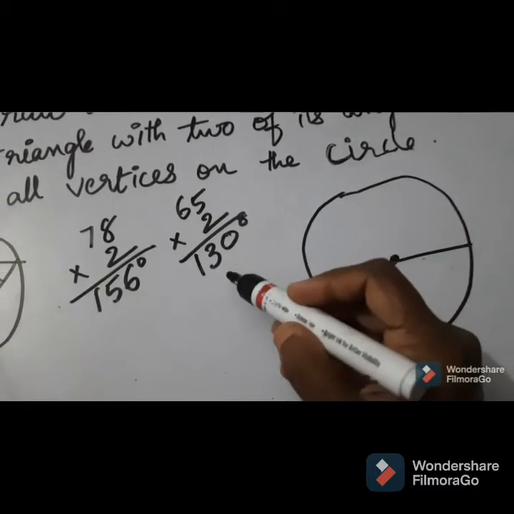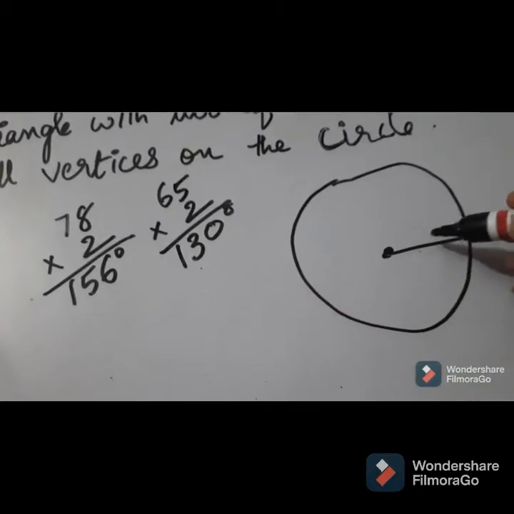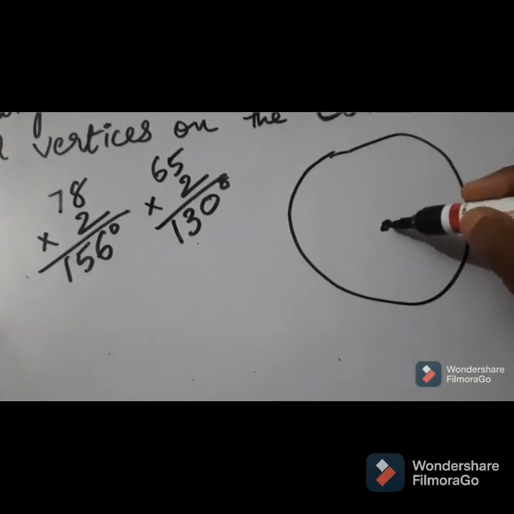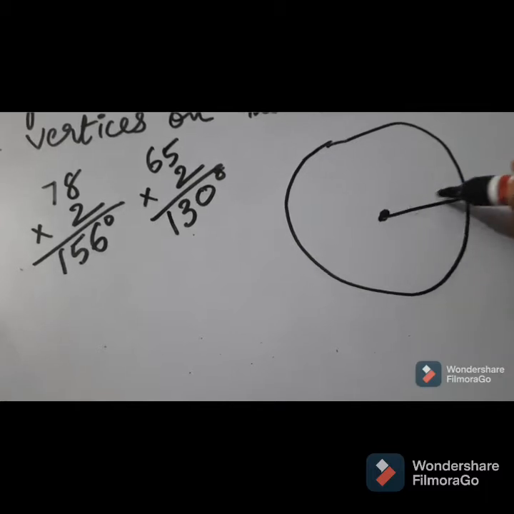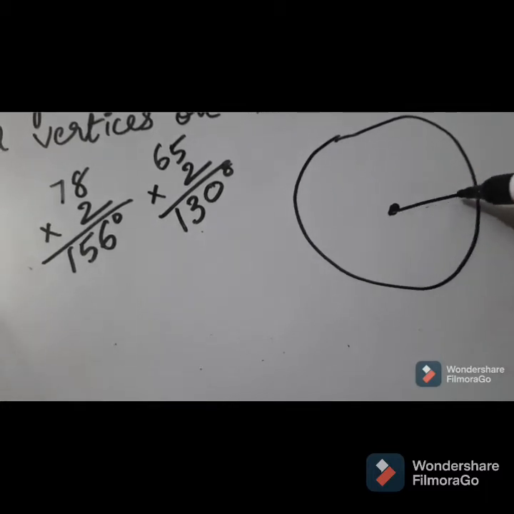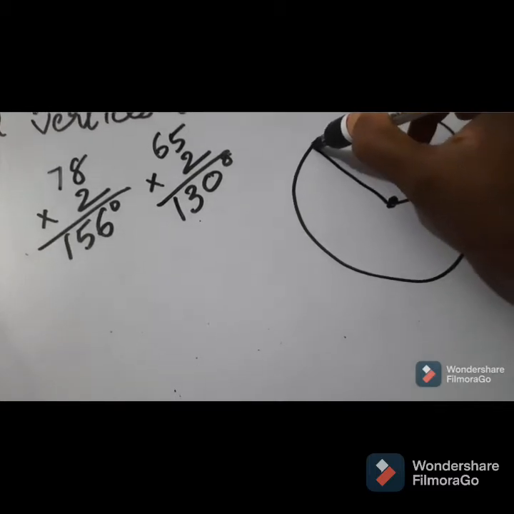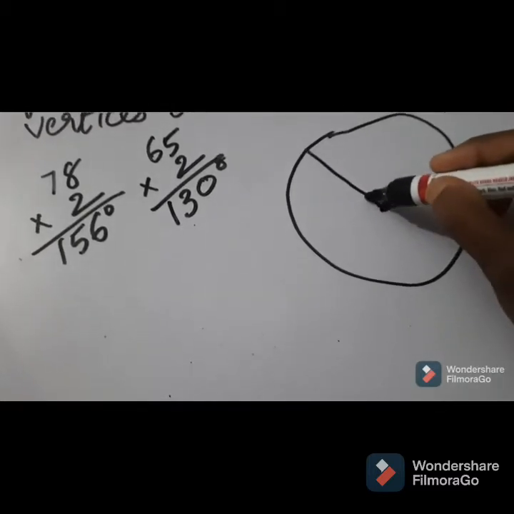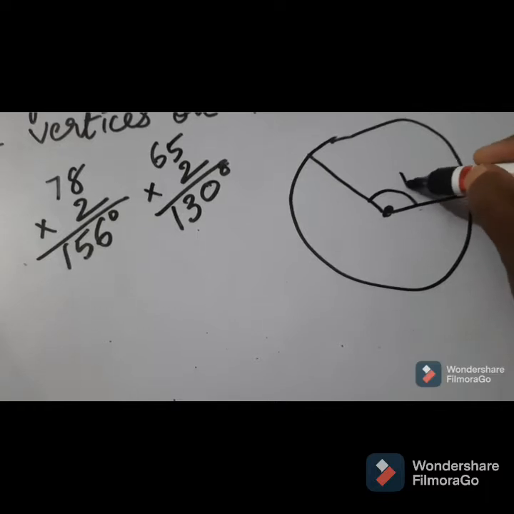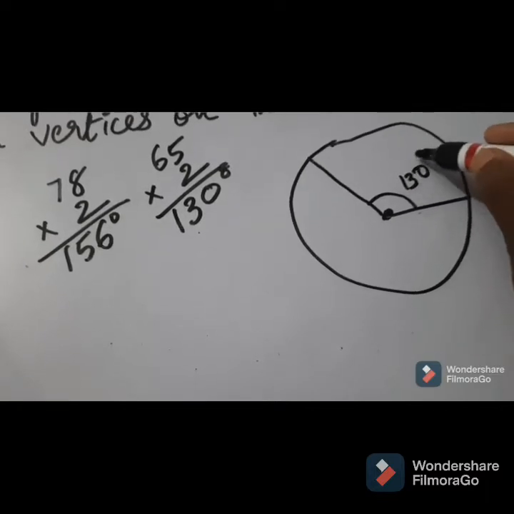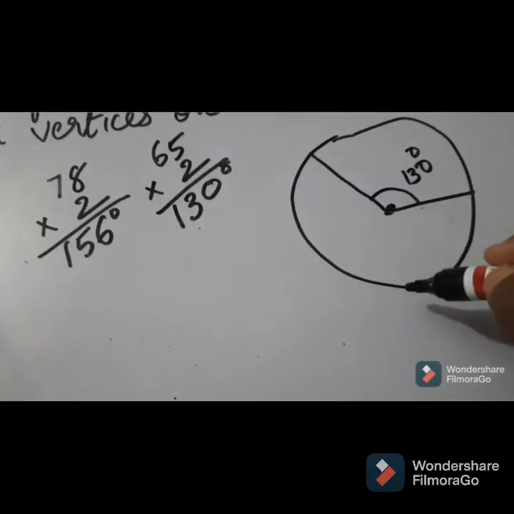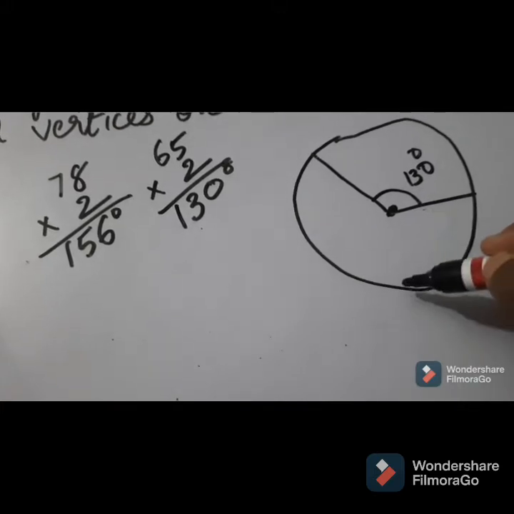So we make 130 degree first. Take your protractor, keep it here on the base, then make 130 degree. Okay, this is 130. Then this half will be 65.